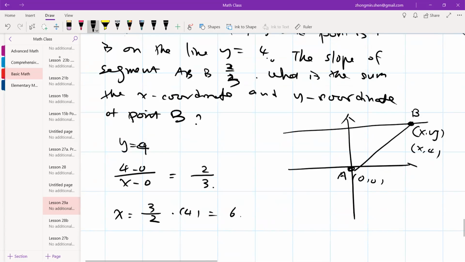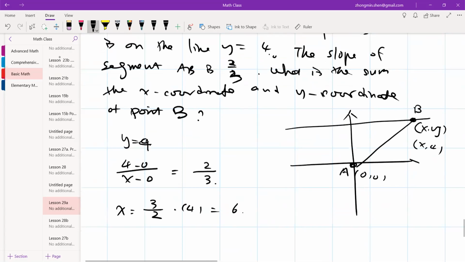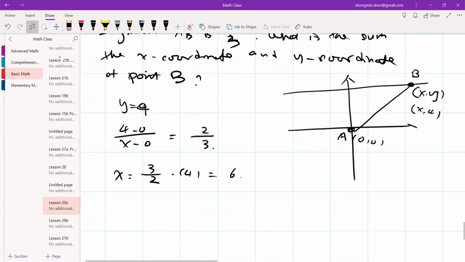Okay, so you get x and y. Right, so you solve the problem.